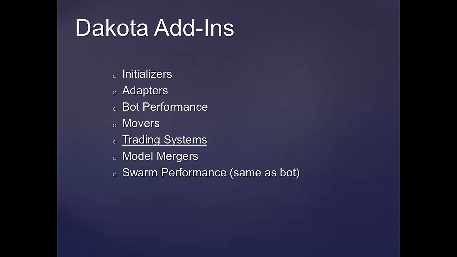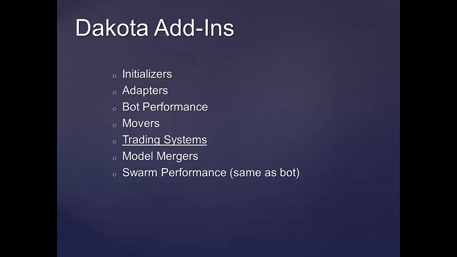Bots can look at each other, move towards the best, or perhaps do hill climbing on a better performance. Oh, look, I moved this direction, I made more money, so I'm going to keep moving that direction. Adapters move those parameters in their parameter space within their ranges.